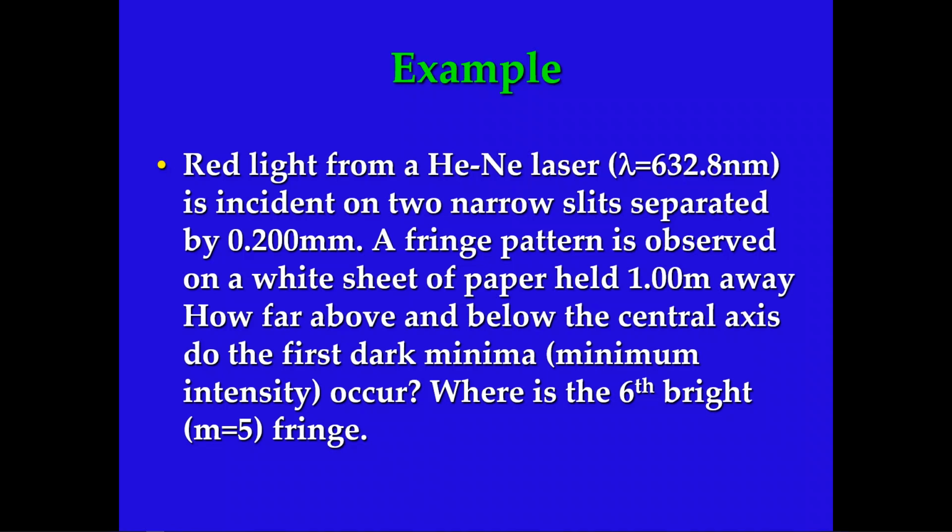Fringe pattern is observed on a white sheet of paper held a meter away. So now the ratio of D over L is really small. We want to find the location of the first dark minima, and we want to find the location of the sixth bright fringe.